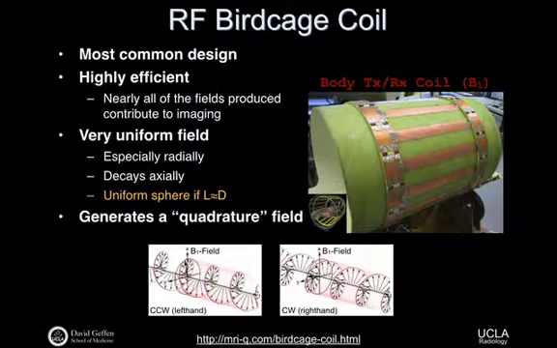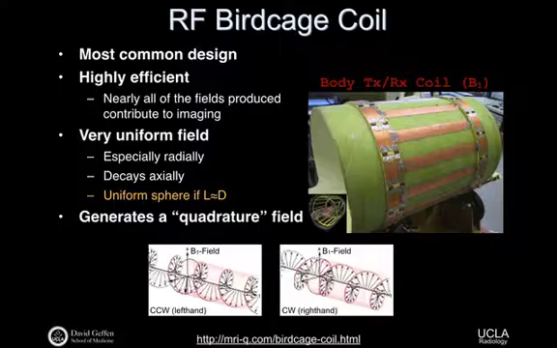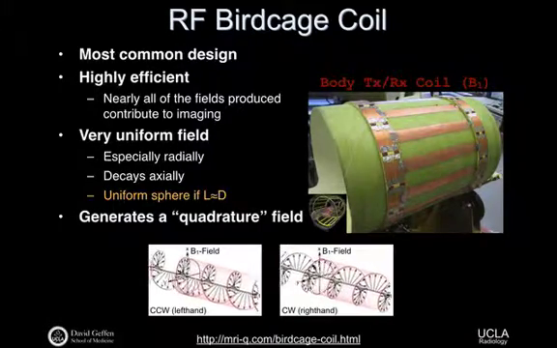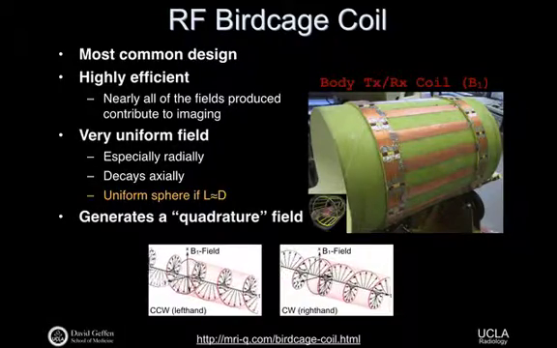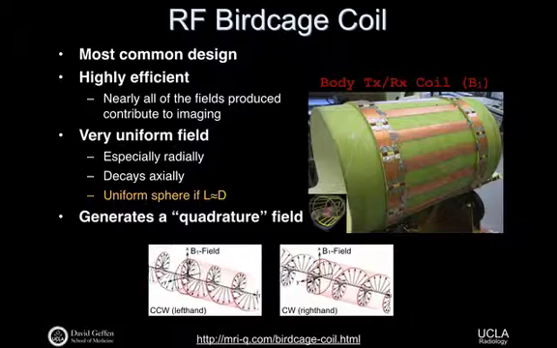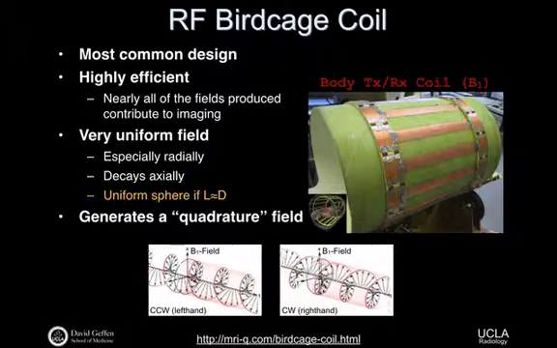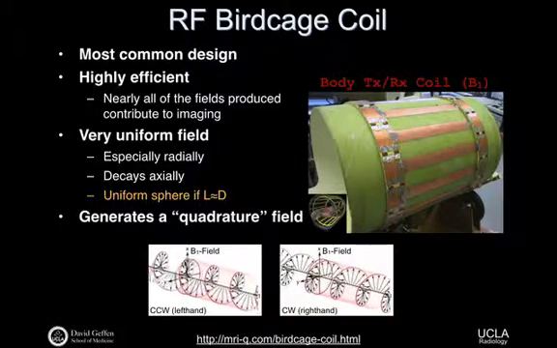And what it does is this coil, by design, generates what's called a quadrature field or a circularly polarized field. And we'll talk about what that means in just a second. But the idea is that the B1 field itself, in the laboratory frame, if I'm standing next to the scanner, is pointing in a different direction constantly, right? It's rotating around at the Larmor frequency.